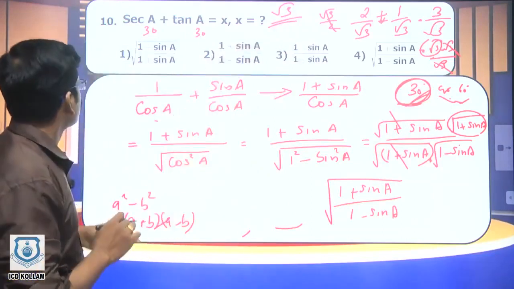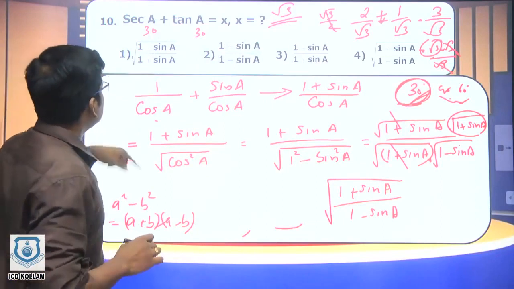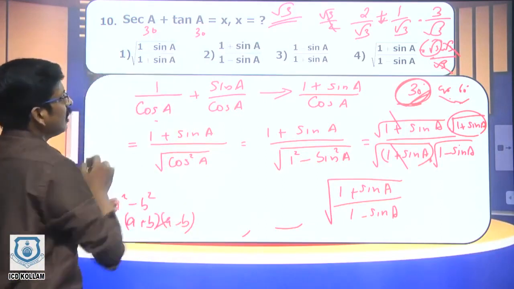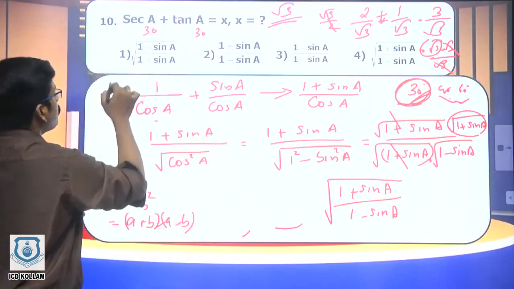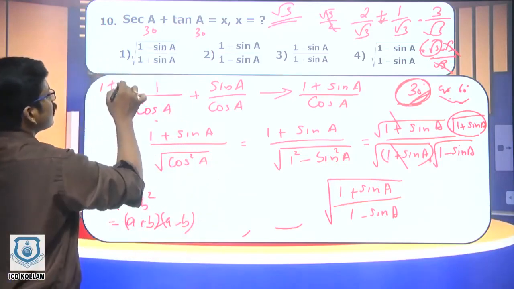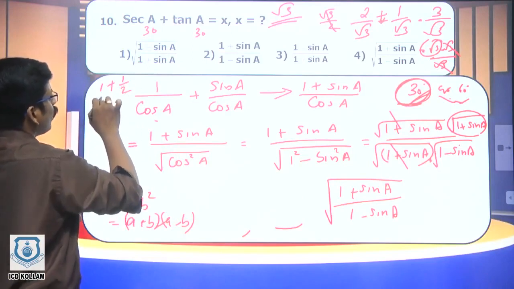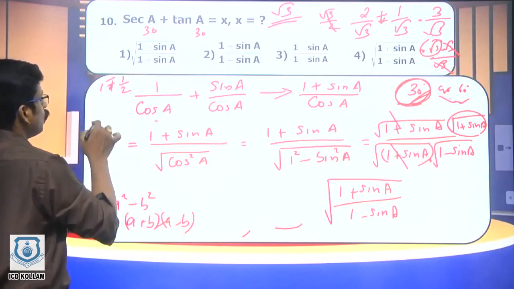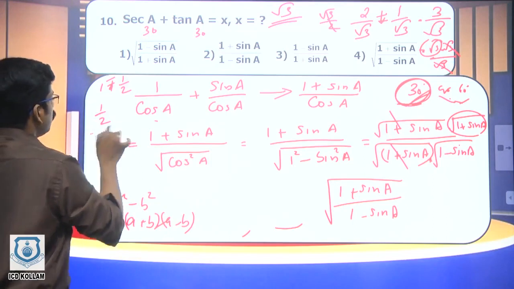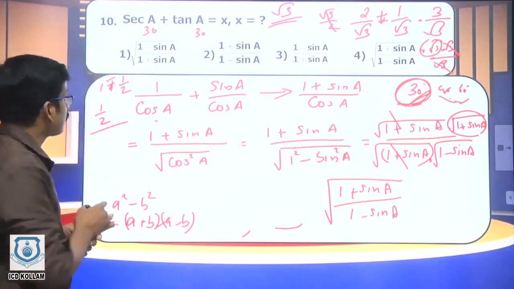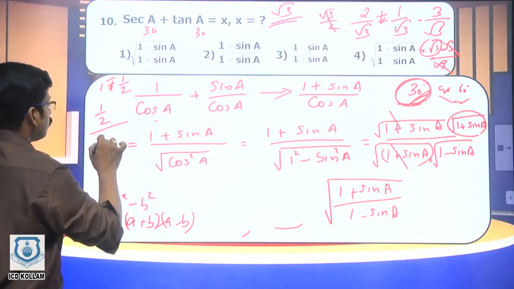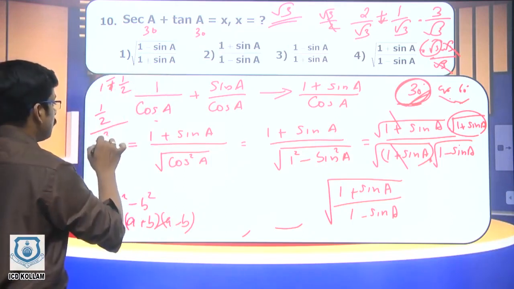So for that, sin A is sin 30. Now in the first option, the numerator is 1 minus sin 30, which is 1 minus 1 by 2, so 1 by 2. The denominator is 1 plus sin 30, which is 1 plus 1 by 2, that is 3 by 2.